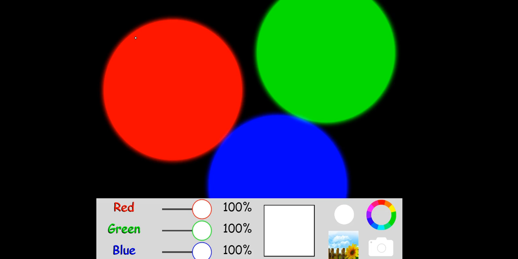Another type is better at detecting short wavelengths, the blues. And then you have something in the middle, and that would be the greens. So really, your eyes are only capable of detecting three ranges of wavelengths: short, medium, and long. We refer to them as red, blue, and green.